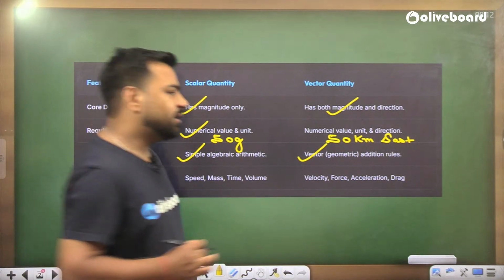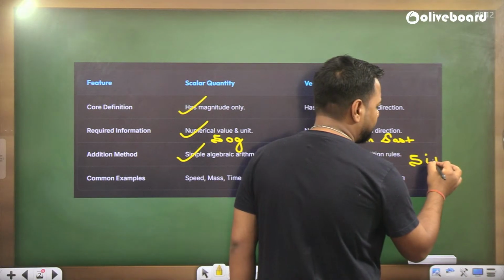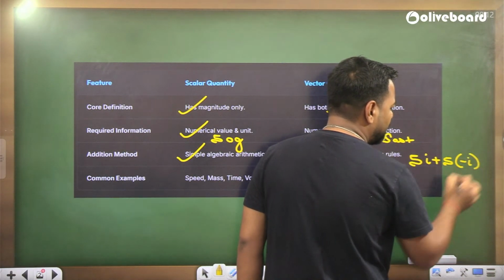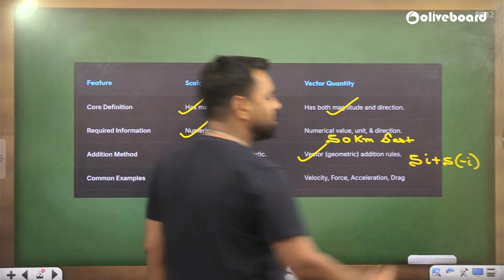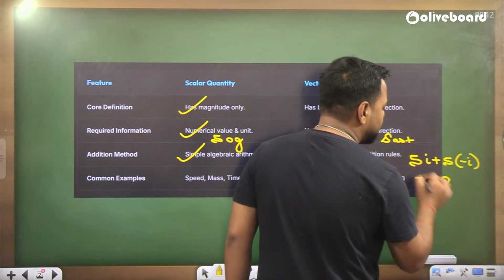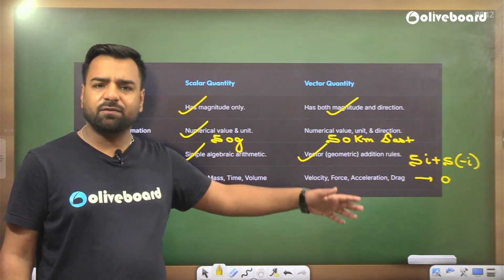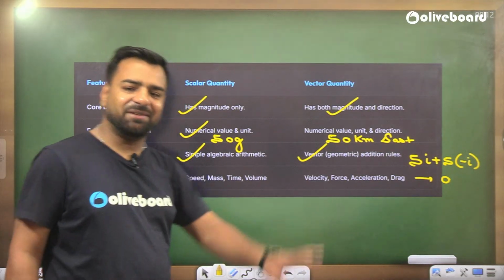My question is 5i plus 5 of minus i. What is it going to give you? 5i plus 5 of minus i is going to give you 0. This is actually the vector addition. I know there might still be some confusion, but do not worry. Within 2 minutes, we'll understand it by animation. It will be very easy.